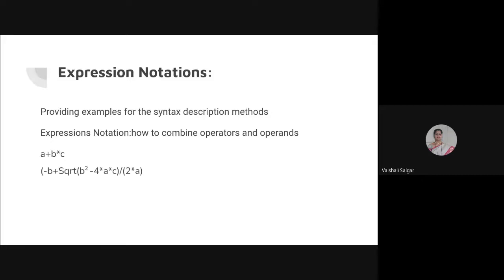When we say expression notation, it is a combination of operators and operands. I have written a simple example, A plus B into C, which is a combination of operators and operands. Here A, B, C are identified as operands, whereas plus and multiplication are operators.